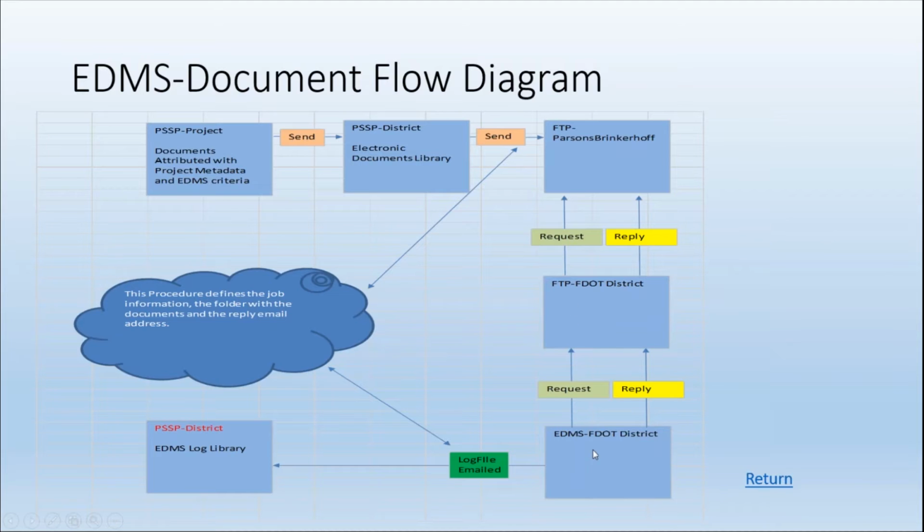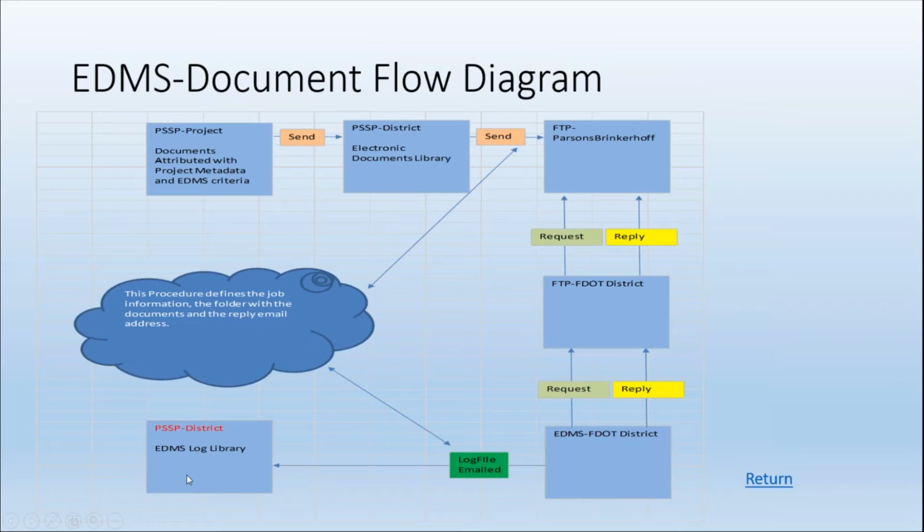Once that occurs, a log file that indicates what happened, with the EDMS document number in it, is sent back to the district, this site here. And if any of the documents had anything wrong with them, there would be an error code in this log that goes back to the district that indicates that the document didn't get stored.